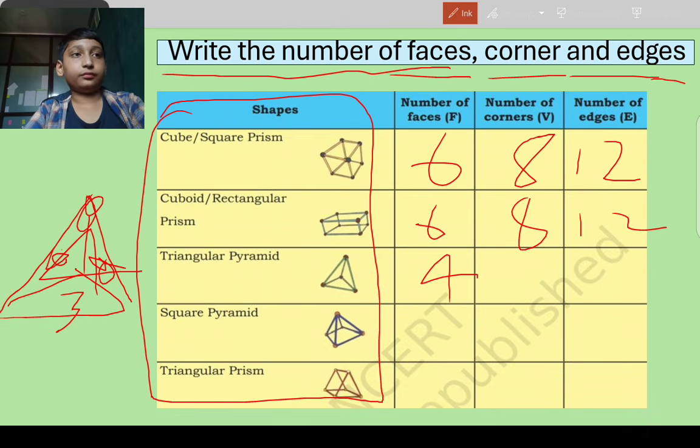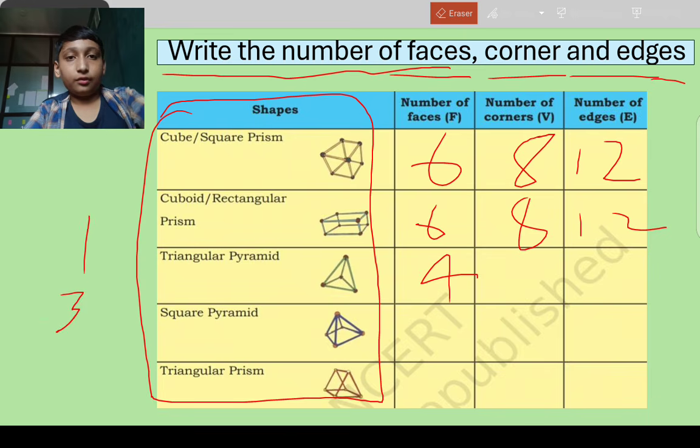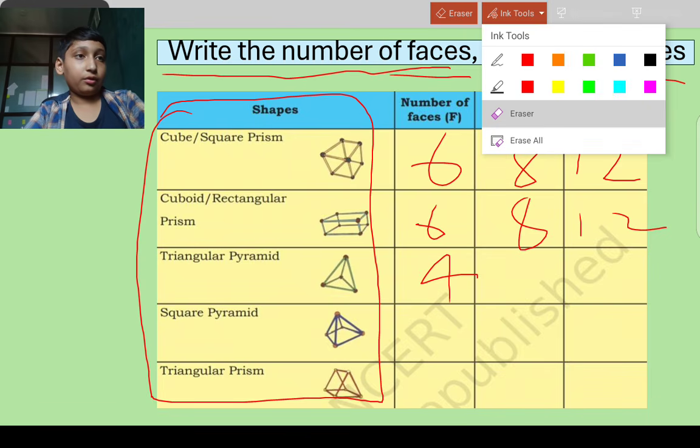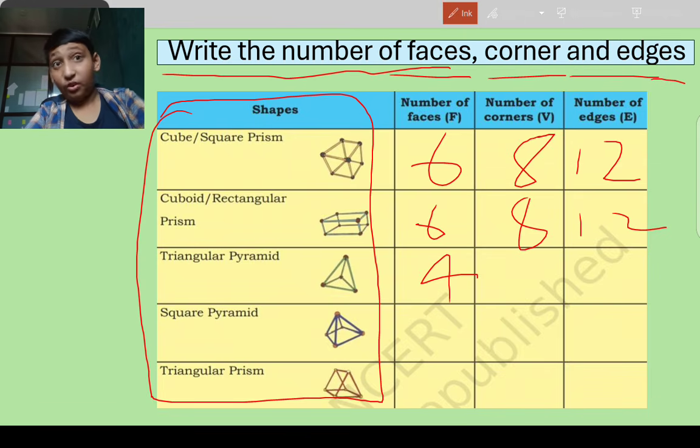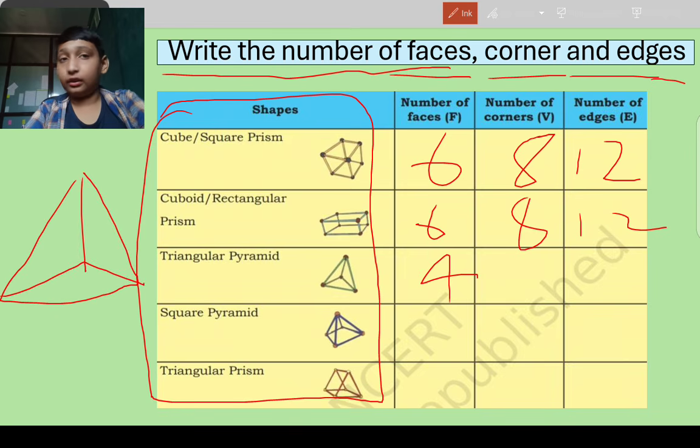And then we have to know how many corners or vertexes there are. Then we have to draw it again. Or yeah, that's the exact same thing. You can also draw it like that.